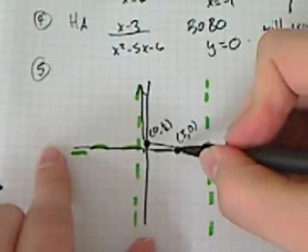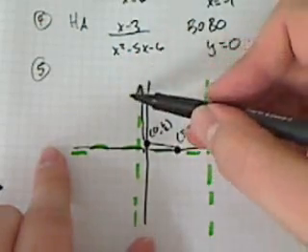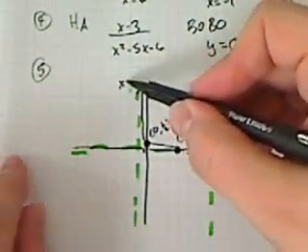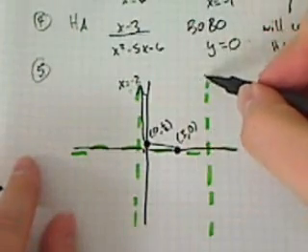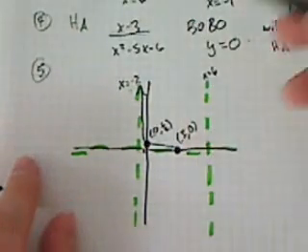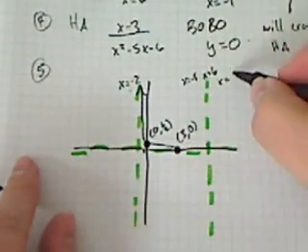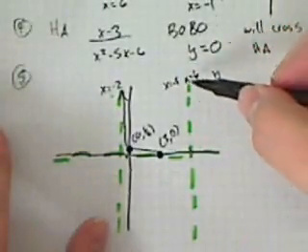Now we want to check a couple of values here. One point to the left, let's check x equals negative 2. Since x equals 6 is our vertical asymptote, I'm also going to check x equals 5 and x equals 7. So I'm going to substitute negative 2, 5, and 7 into my function.